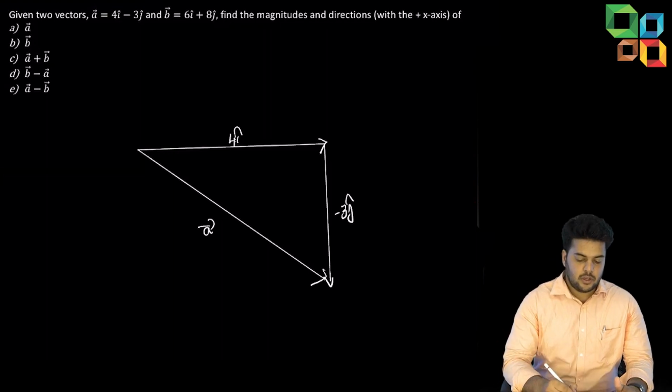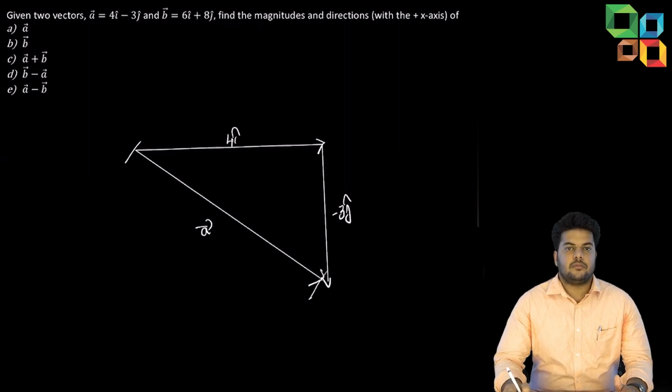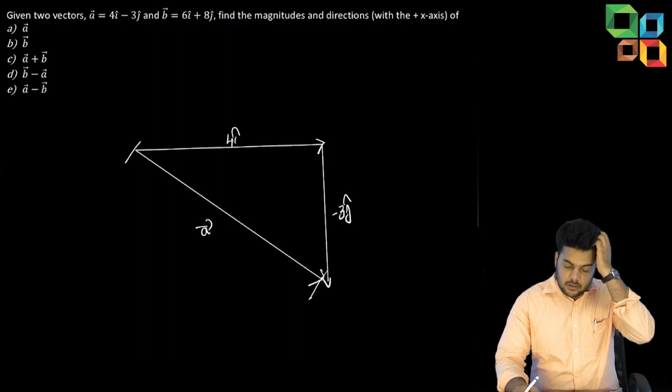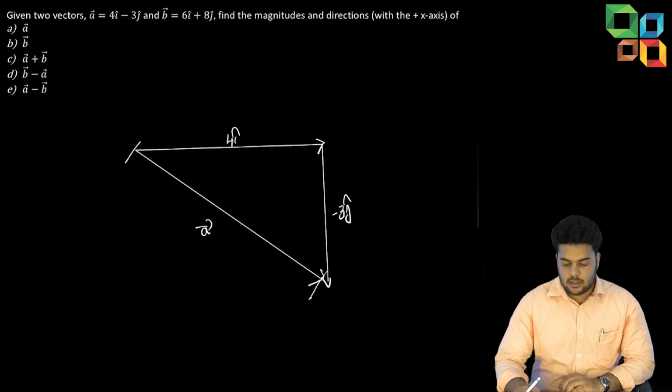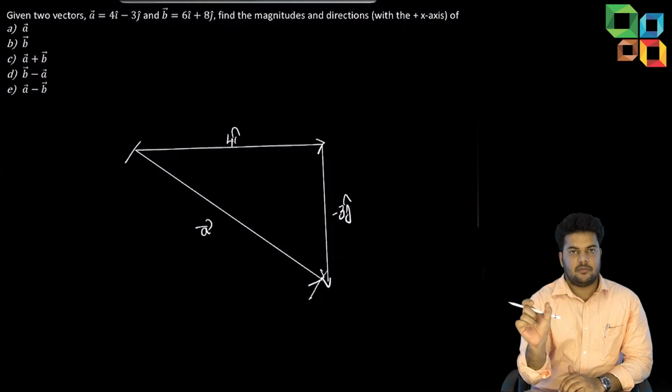Magnitude of the vector means what? You have to find the size of this vector, the size of that arrow. It's like the Cartesian plane, how many centimeters it goes through. Except that when I say 4 i cap and 3 j cap, it need not be actual steps.